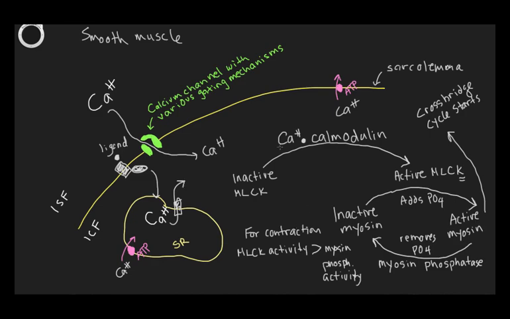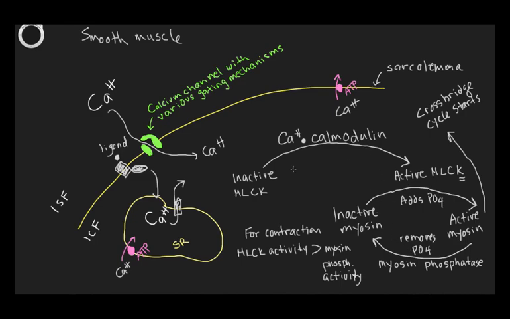And there's a lot of therapeutic drugs that influence the state of contraction of smooth muscle, and some of them influence channels, some of them might influence these receptor proteins, some of them might influence the state of myosin light chain kinase or even myosin phosphatase.